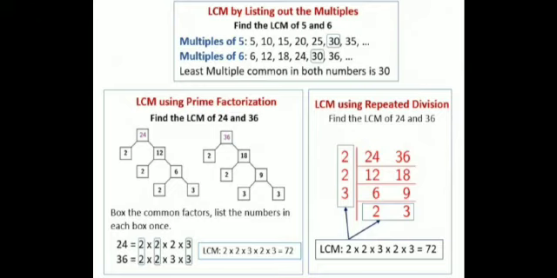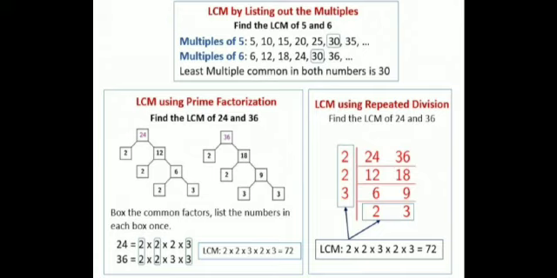The other method is LCM using prime factorization. In this method, again, we'll write down the prime factorization of the given numbers. And after that, we'll find out the product of common factors and non-common factors. So here we can see the common factors of 24 and 36 are 2, 2 and 3.